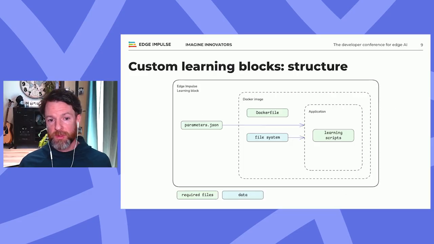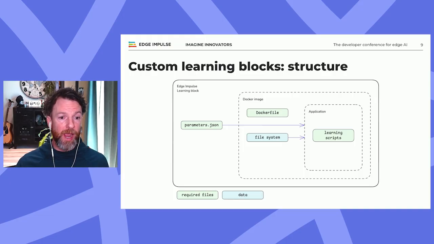Okay, to lay the foundation, I always think it's helpful to have a little bit of a visual of the structure. So I'm showing the structure of a custom learning block here, and it's essentially a wrapper that encapsulates a Docker image. So there's a few key files that you have to have for it to be a learning block.